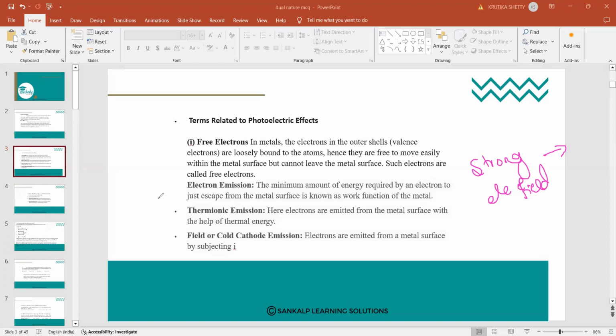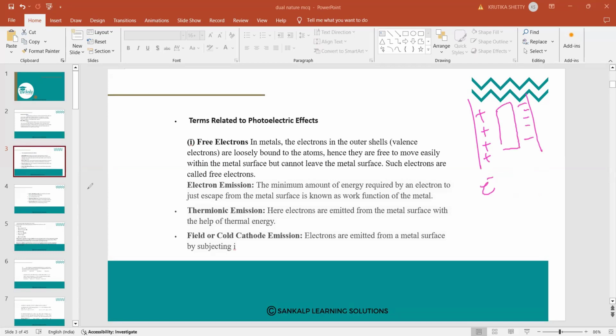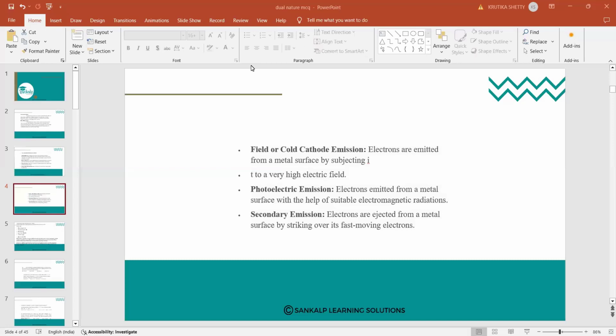Going towards the next definition, students, that is the photoelectric emission. So see, photo means light.